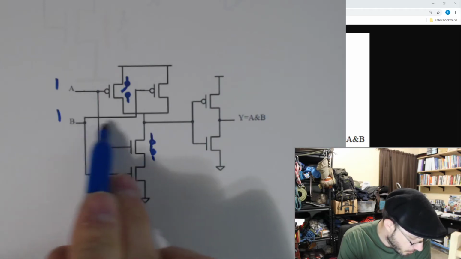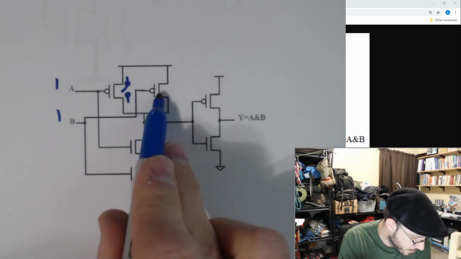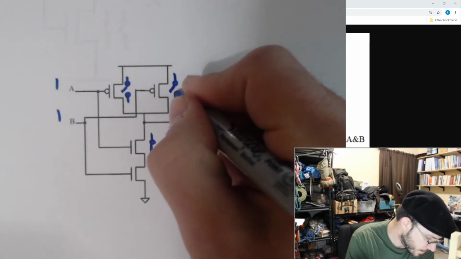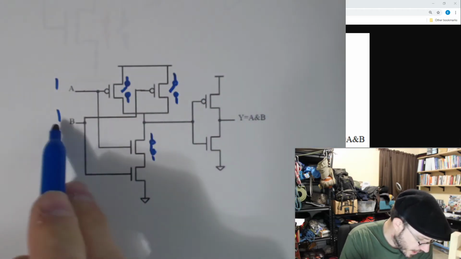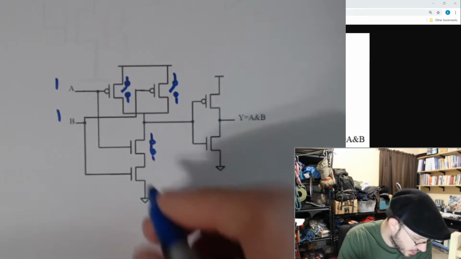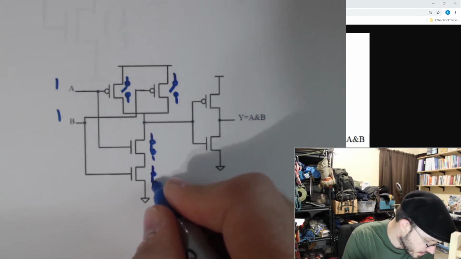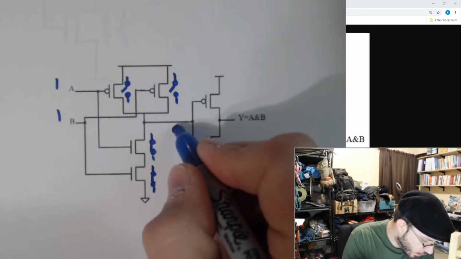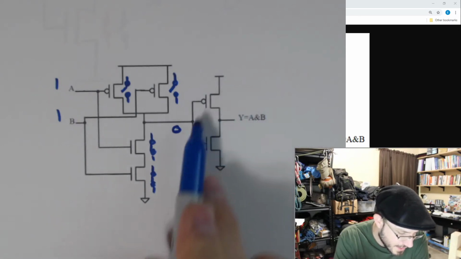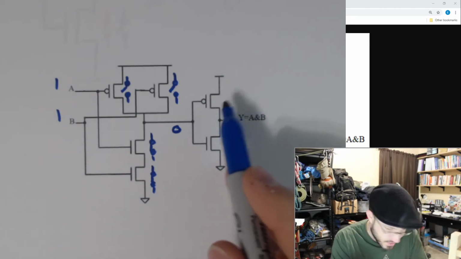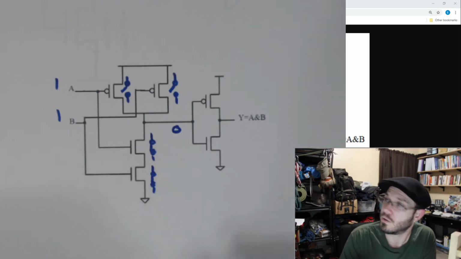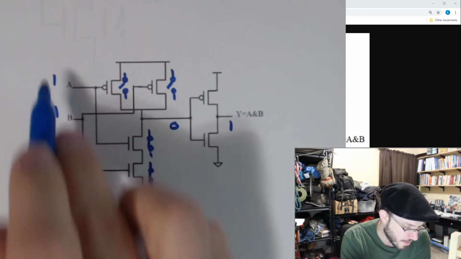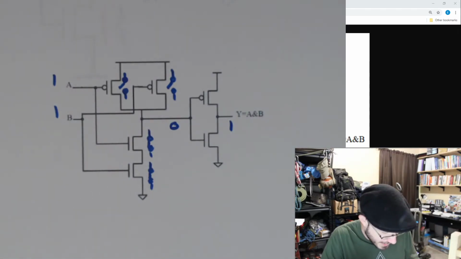Okay, this B is 1, this is going into a P channel. This is closed. Sorry, open. And a 1 going into an N channel is closed. So that means I have a low over here, and we already did this one. This is just an inverter over here, so 0 turns high. So with all 1s on my inputs, I get a 1 on the output.